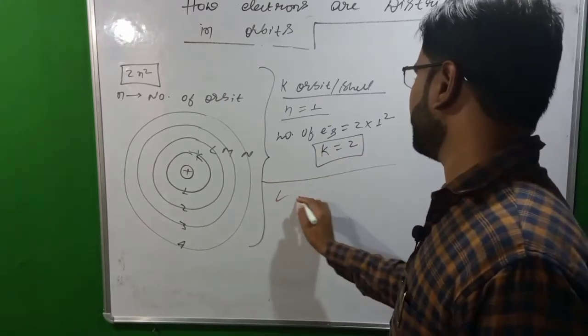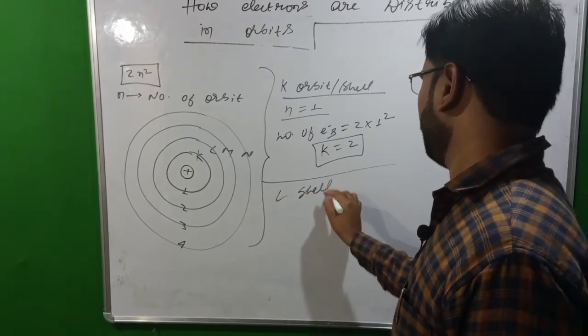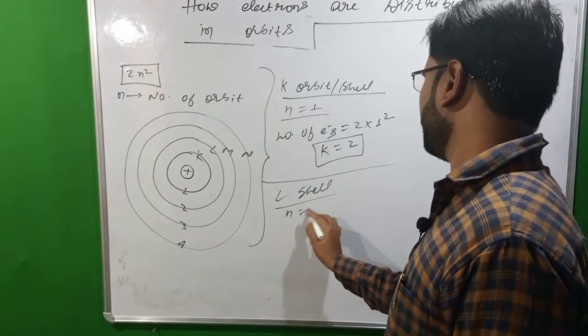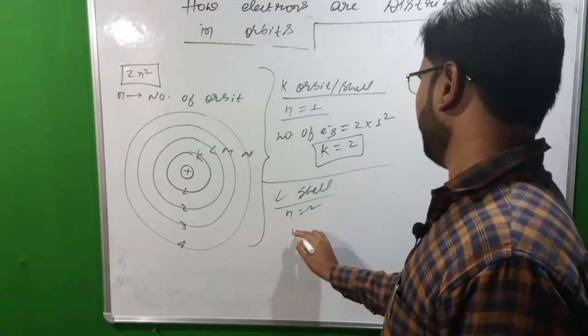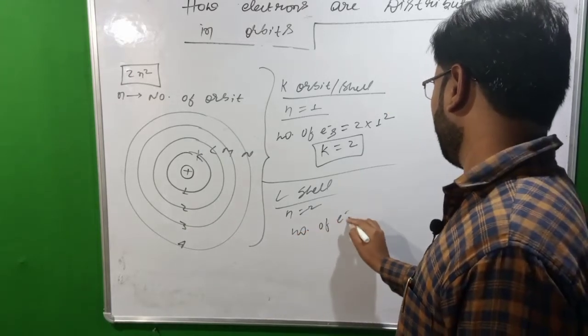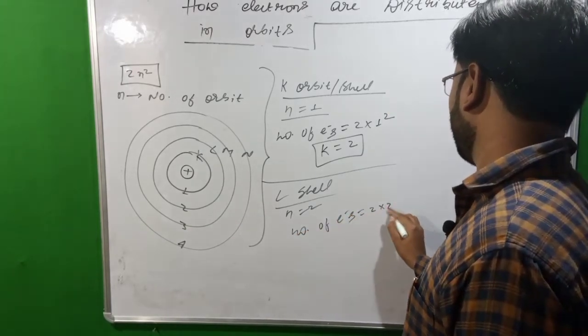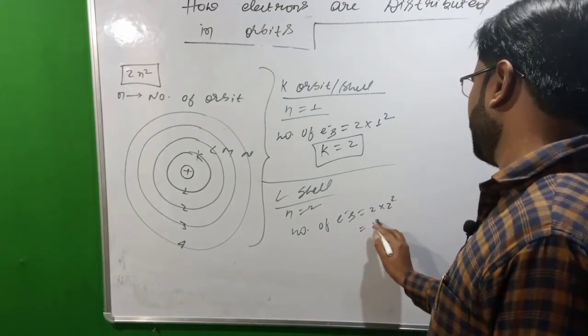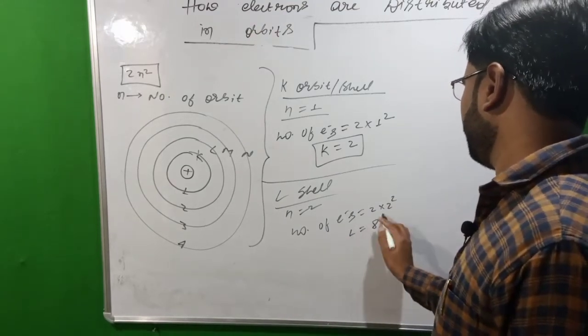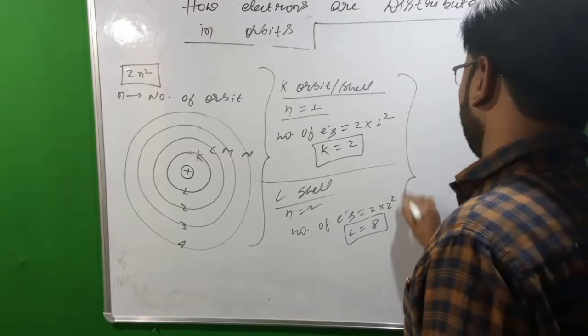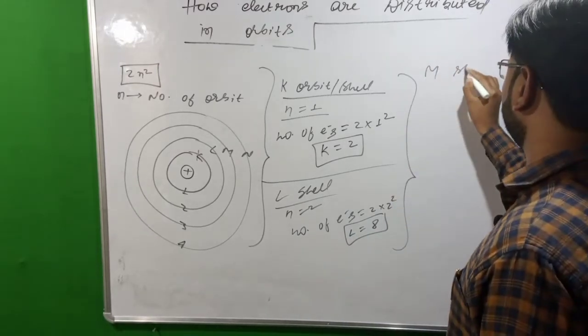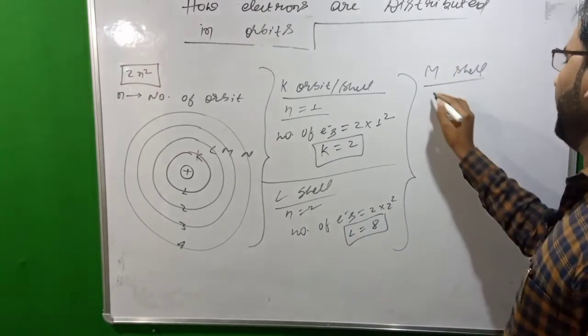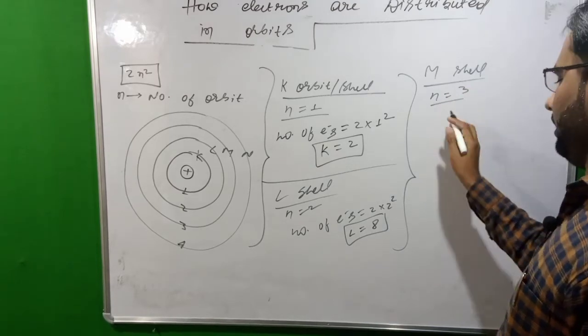Similarly, for the L shell, n is equal to 2. The number of electrons is equal to 2 into 2 raised to the power 2, that is equal to 8 for the L shell. Now for the M shell, n is equal to 3.